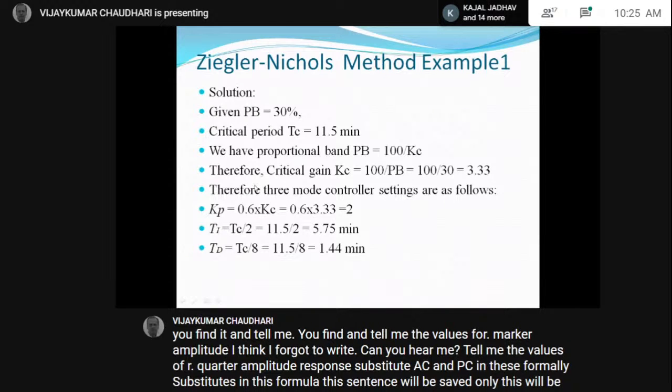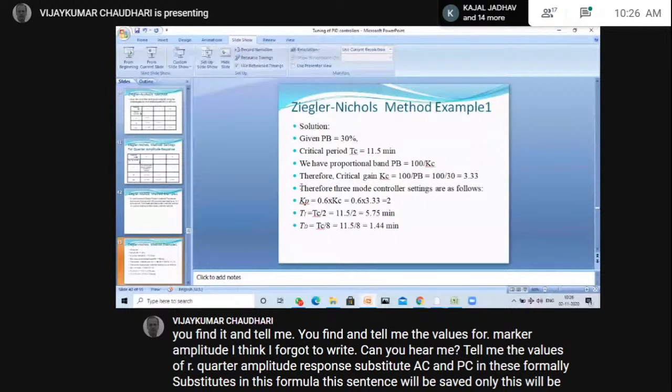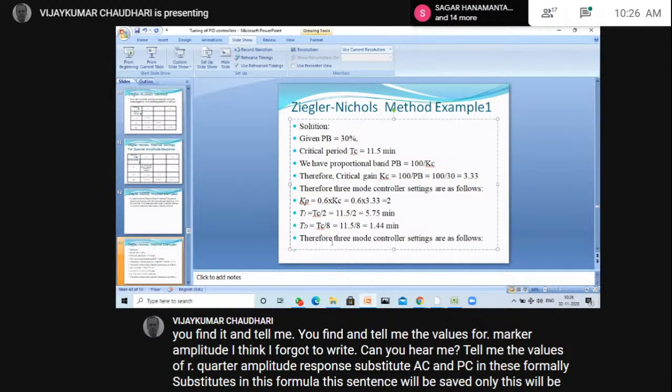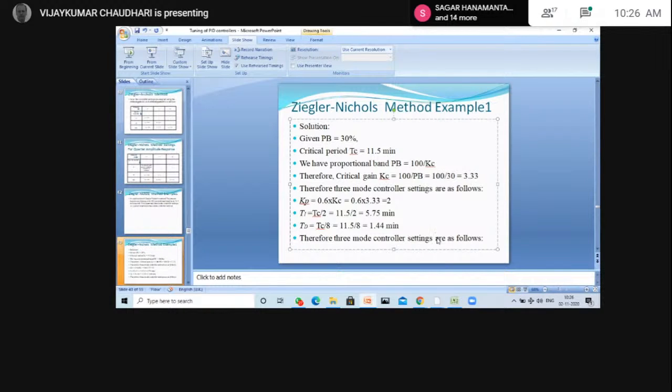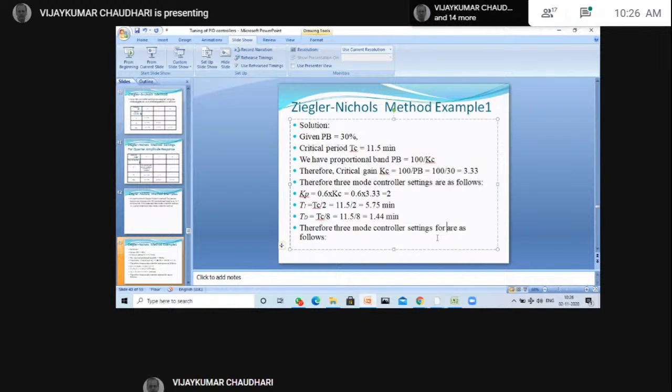What I can adjust is the controller settings. What are we finding?